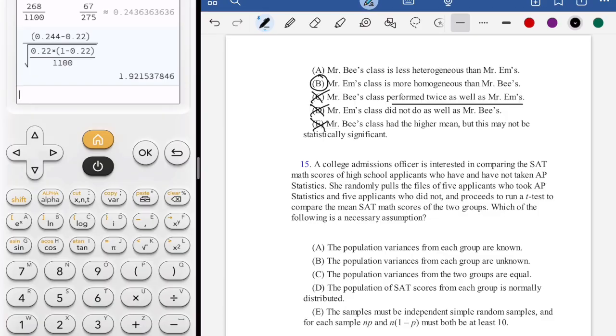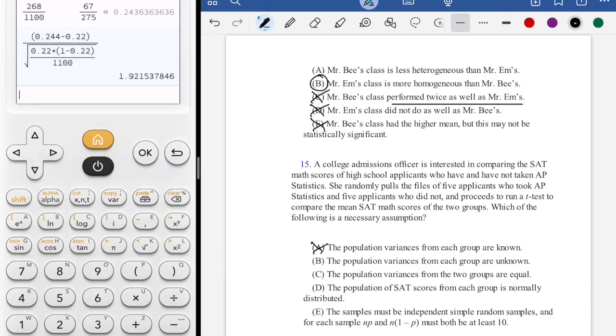Well, not if it's a t-distribution. The population variance goes hand in hand with population standard deviation, right? So if I know the population variance, I'm most likely going with a z distribution rather than a t distribution, right? The population variances from each group are unknown.